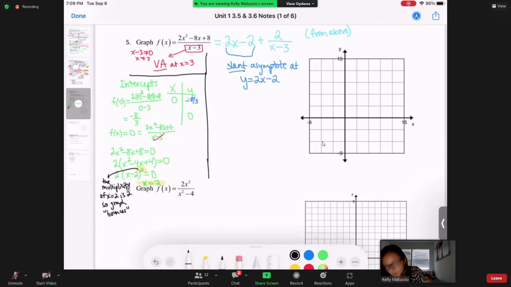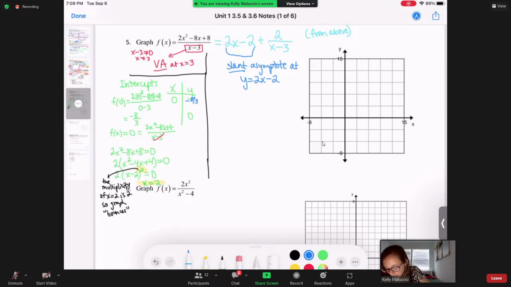The last thing we want to talk about is the slant asymptote. Remember how I said that with a horizontal asymptote like y equals 1, if the x value is real when I set the function equal to 1, then it crosses through, and if it's not real, then it just approaches and doesn't cross over.